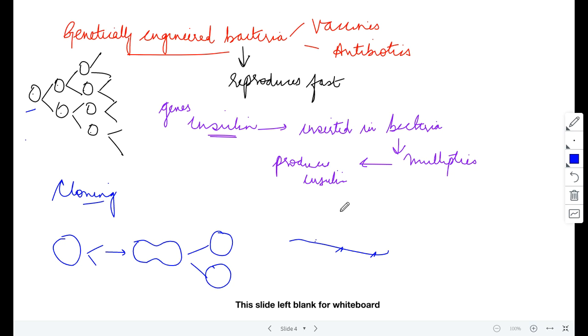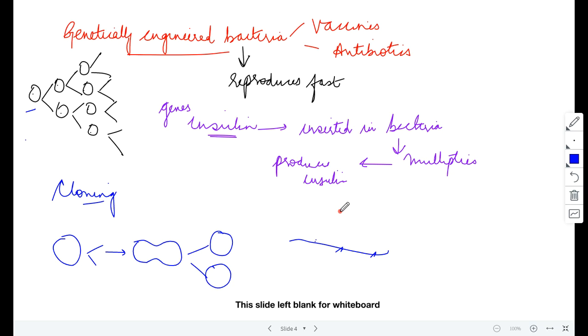How will you make a clone? Certain plants can be grown from cuttings. You take a cutting, that means you cut a small section of the plant and then you plant it. After a few days you are going to see a grown-up plant, a new plant from that cutting.